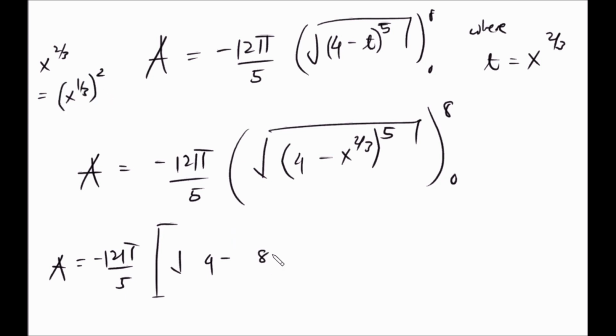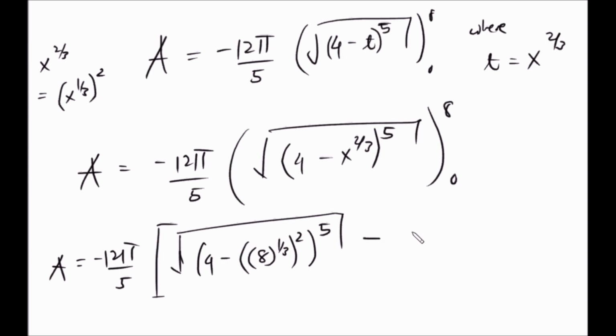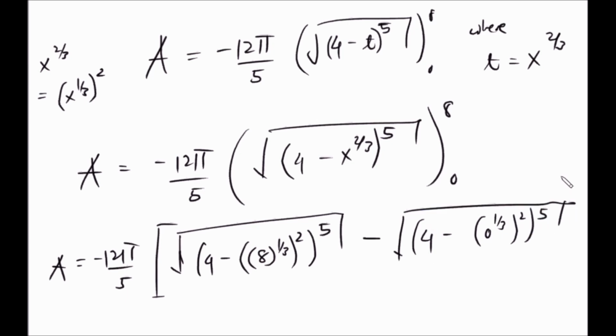So here we put in 8 as our x, power 1 over 3 squared, all this to the power 5, minus 4 minus 0 power 1 over 3 squared, all to the power 5.